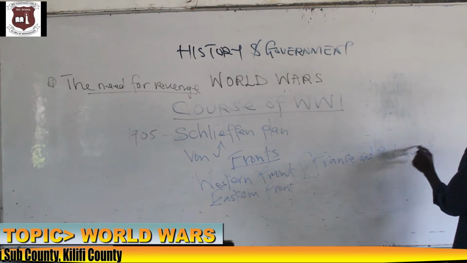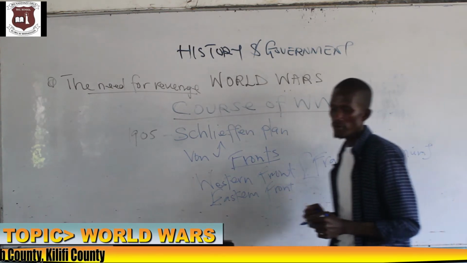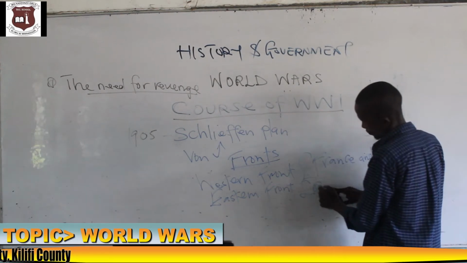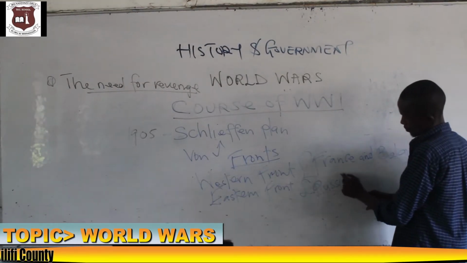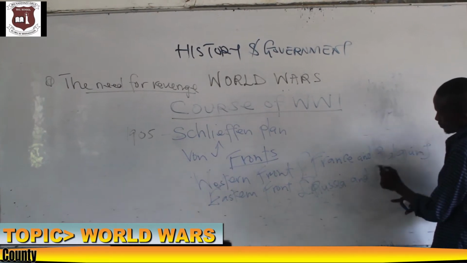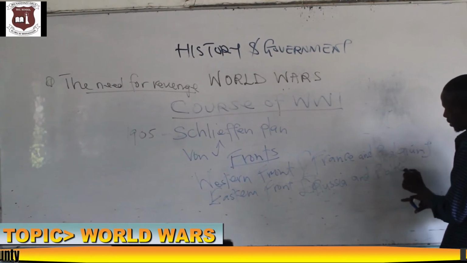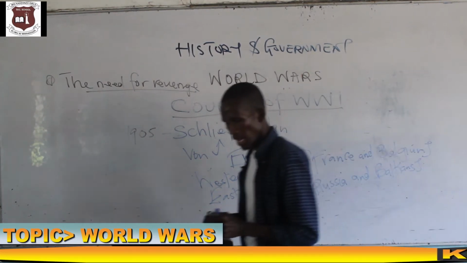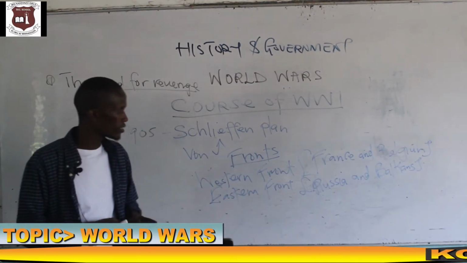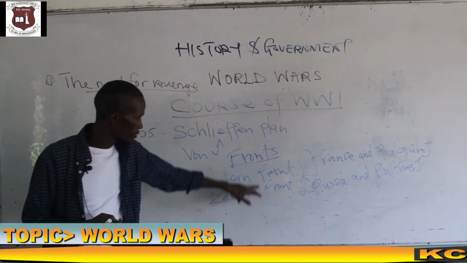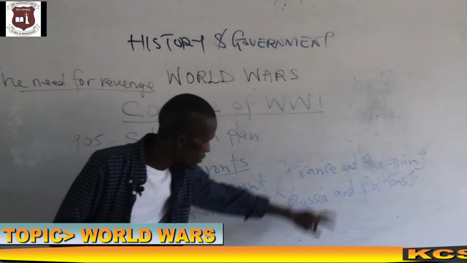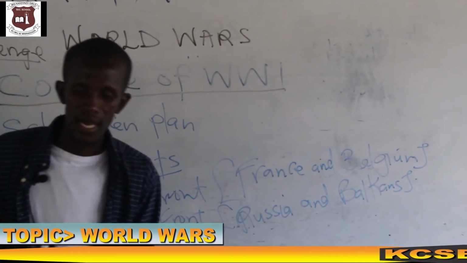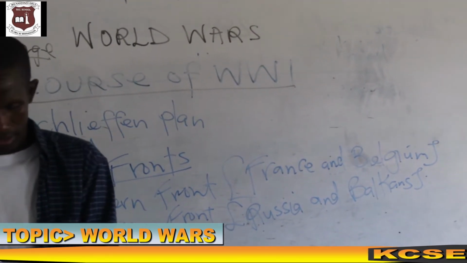And then the Eastern Front was fought in Russia and in the Balkans. So that is how the war was organized into two fronts.